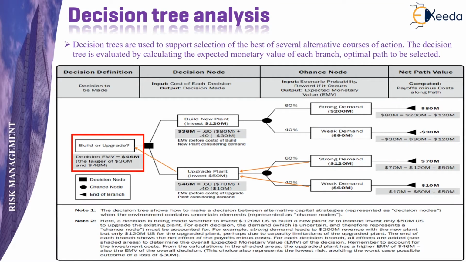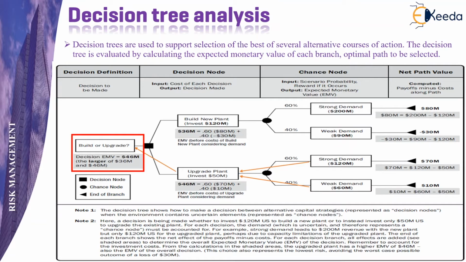Now, we will calculate the EMV, or the expected monetary value, of each of these branches. For the first branch, or the building new plant option, EMV is calculated as 60% multiplied by the profit in the first case and 40% multiplied by minus 30 loss. The result is $36 million. In the second case, it is 60% multiplied by 70 million plus 40% multiplied by 10 million.